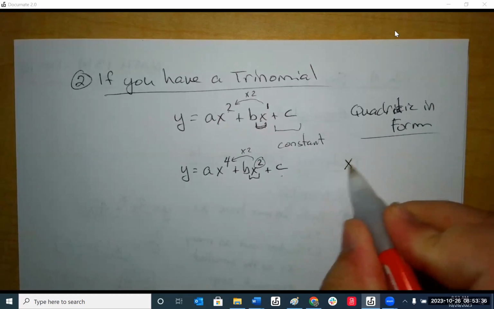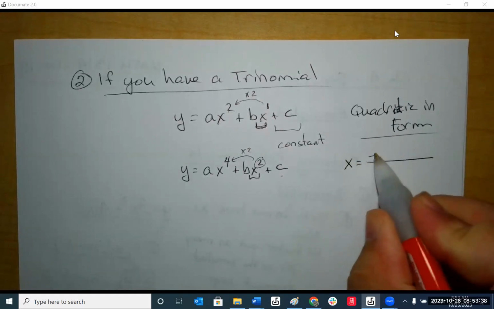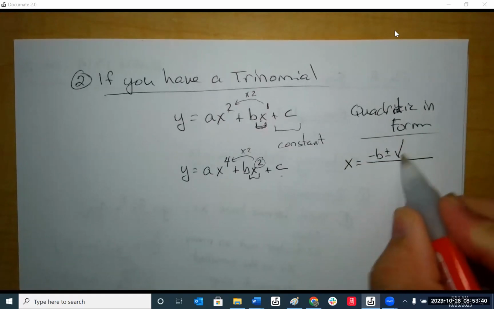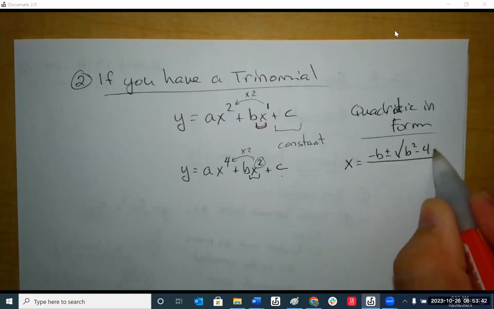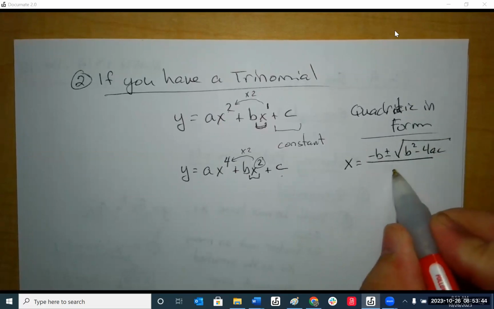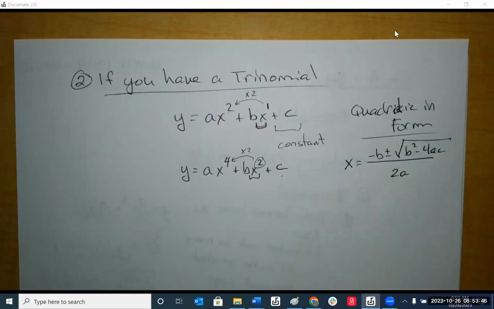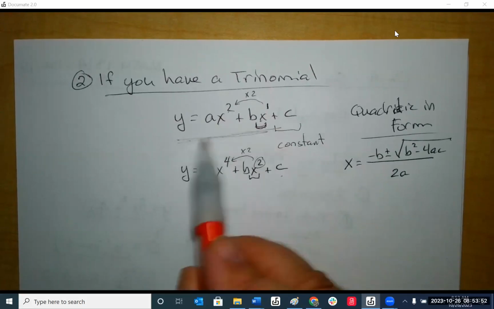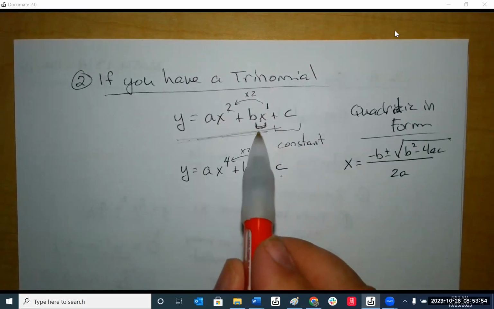The quadratic formula. Remember that formula? That's if it's like this.